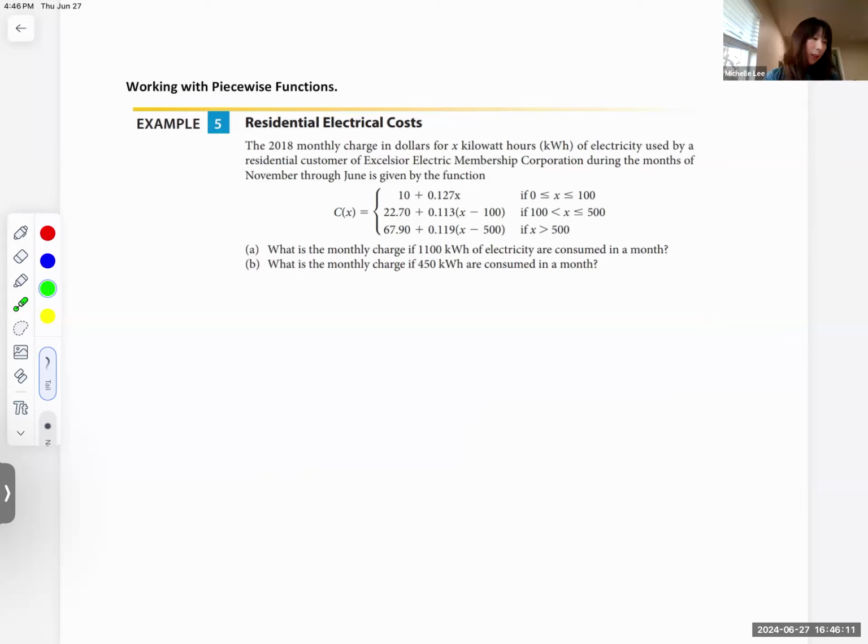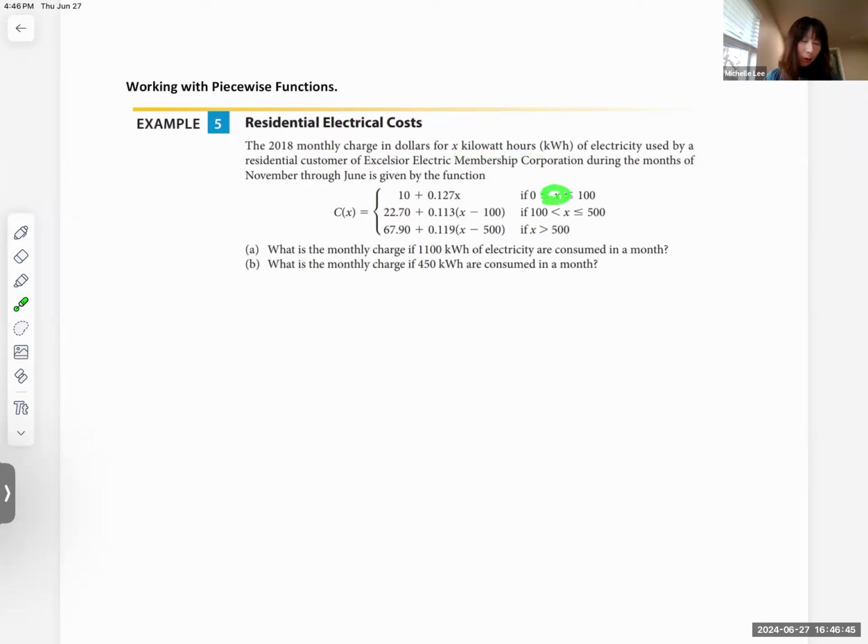All right, so this is a piecewise function, which means that the function is denoted in pieces. Now we have the cost function for electrical cost, and X is kilowatt hours.